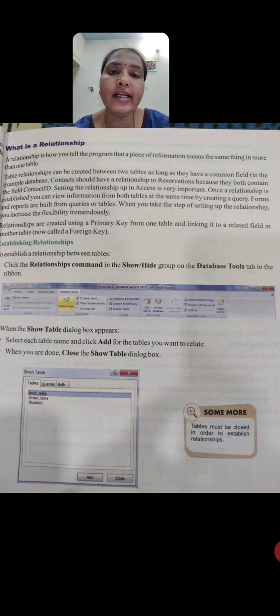Likewise, we can create a relationship in a table. A relationship is a piece of information that is on the same thing in more than one table. So if two tables are connected to each other, then we can call it a relationship.